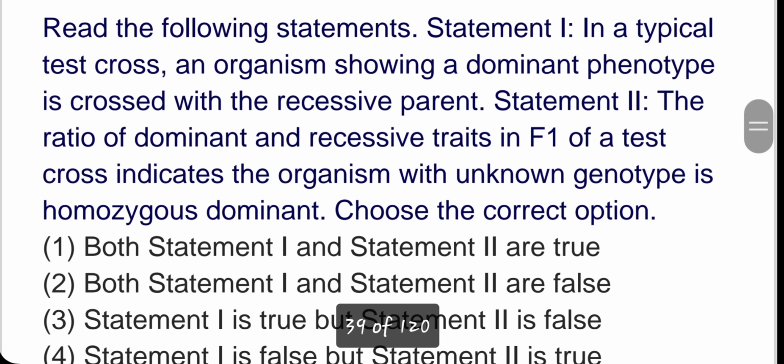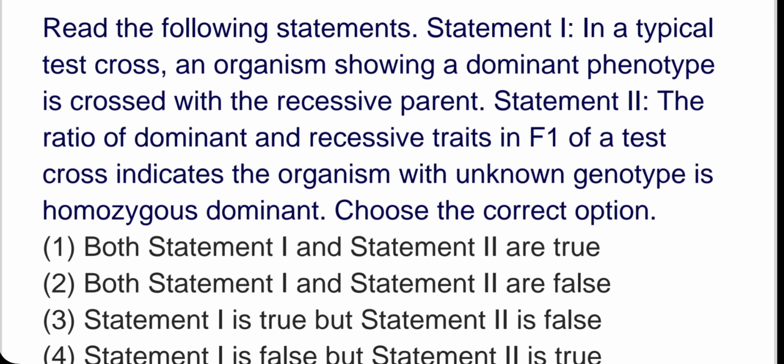Read the following statements. Statement 1: in a typical test cross, an organism showing a dominant phenotype is crossed with the recessive parent. Statement 2: the ratio of dominant and recessive traits in F1 of a test cross indicates the organism with unknown genotype is homozygous dominant.